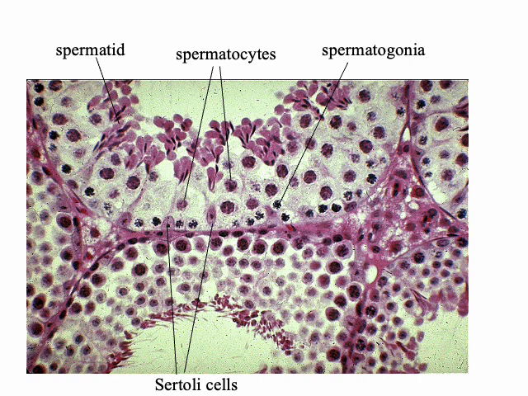Now, there's one more cell I want to point out. I've labeled the Sertoli cells at the bottom, and I want you to follow those lines. Those fried egg looking cells are the Sertoli cells, and you never really see the full shape of the Sertoli cell, but you can see their nucleus.